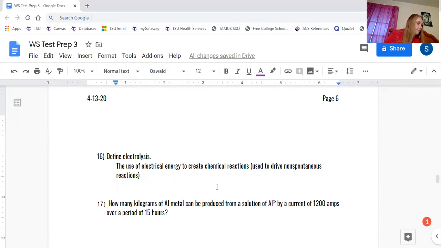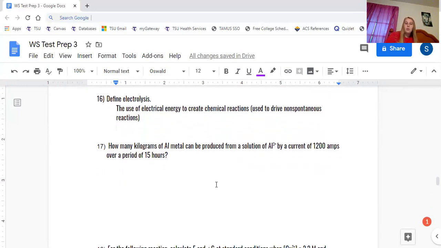How many kilograms of aluminum metal can be produced from a solution of aluminum 3+ by a current of 1200 amps over a period of 15 hours?